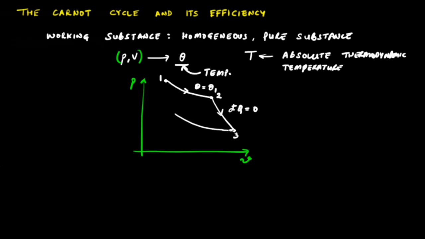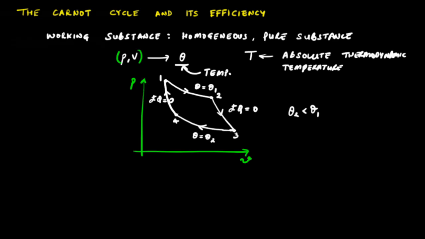Now you reach state 3, and from state 3 you again undergo an isothermal compression where the temperature is kept constant at theta 2, and theta 2 is less than theta 1, and you reach state 4, and from 4 you go back to 1 again in a reversible adiabatic process.